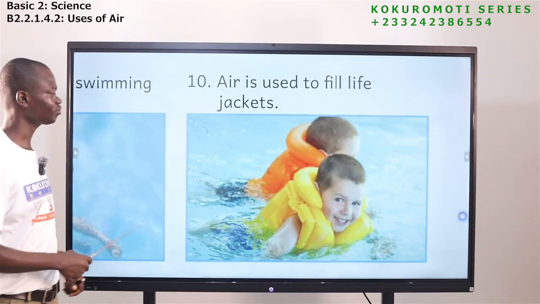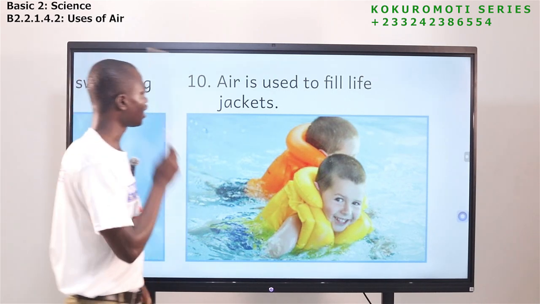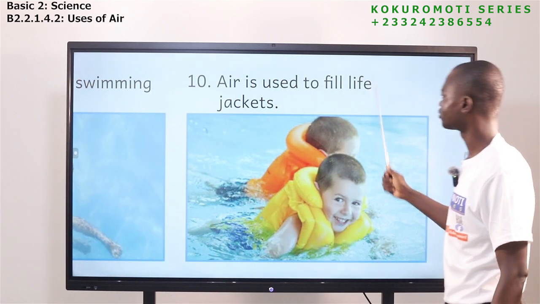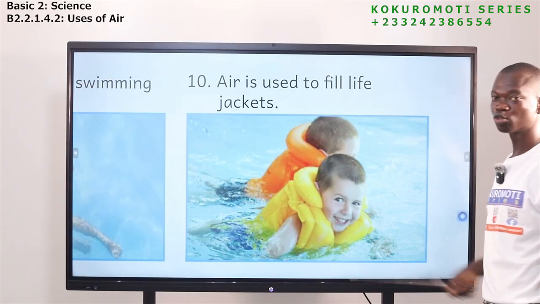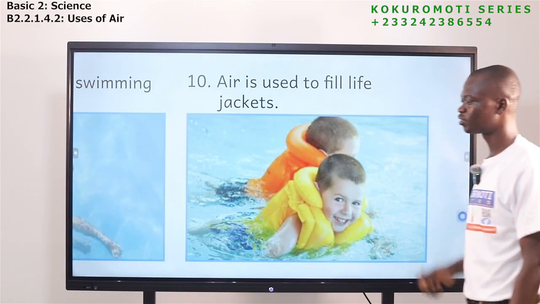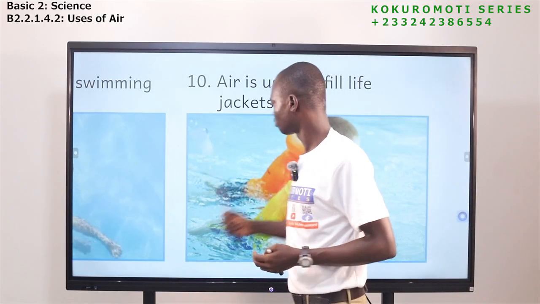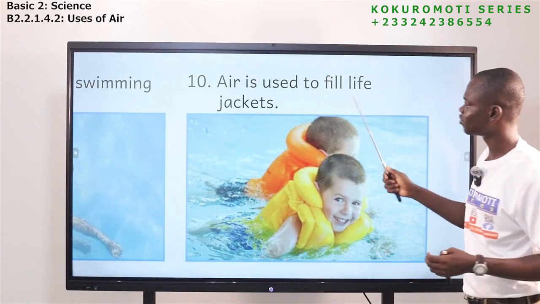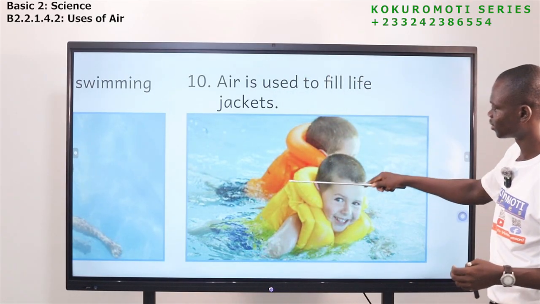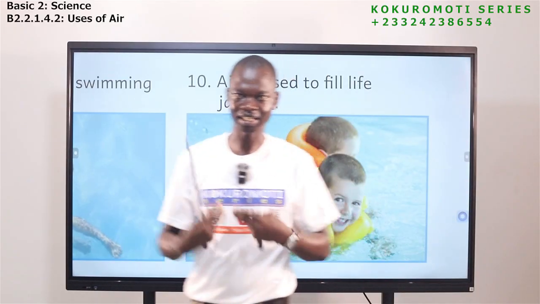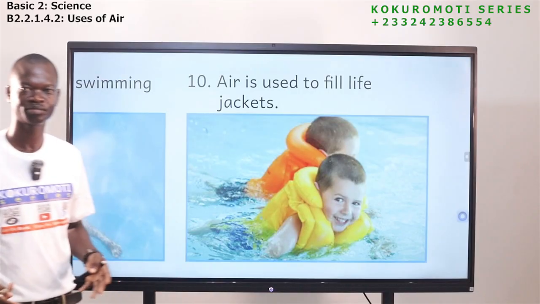There's another one here. Air is used to fill life jackets. Those who don't know how to swim, if you go to places where we have water and you want to try, make sure you get something like this, a life jacket. A life jacket is a jacket filled with air.